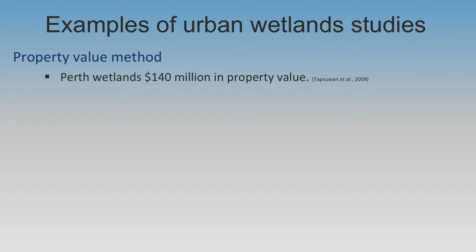Having discussed these 6 approaches, let me present 3 particular case studies just to solidify the understanding. Recently, in 2009 in Perth, Australia, there was a study done using the property value method to try to assess the benefits, or at least a portion of the benefits, of urban wetlands. The approach there was they took a range of sales prices of houses.